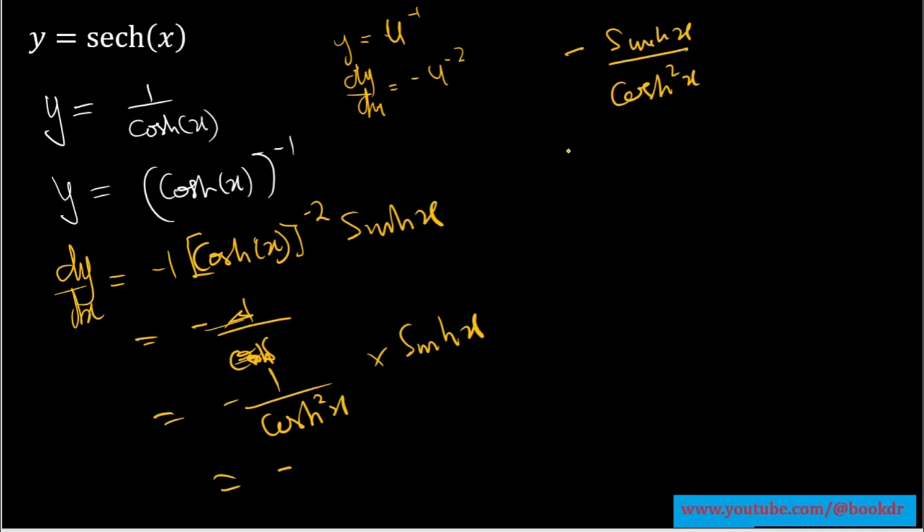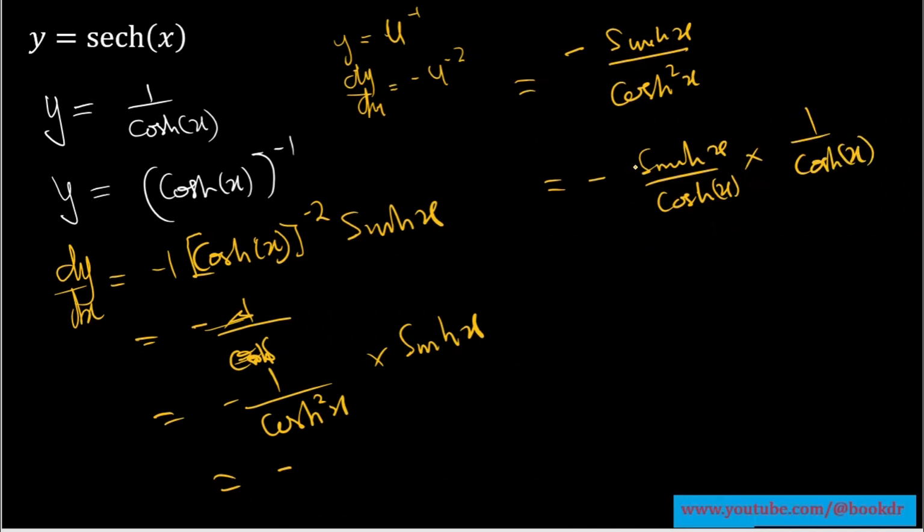This can also be rewritten as minus sinh x over cosh x multiplied by 1 over cosh x.